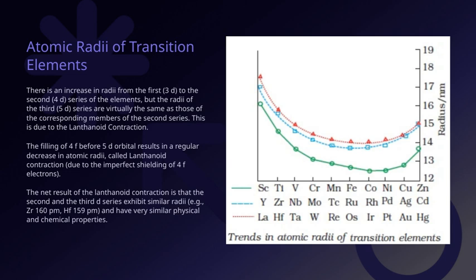So overall, when we look at atomic radii across transition elements, this contraction explains why the sizes don't increase as much as we'd expect when moving to higher atomic numbers in the 5d series. It's a key concept that influences many properties of these elements, connecting the structure to their behavior.